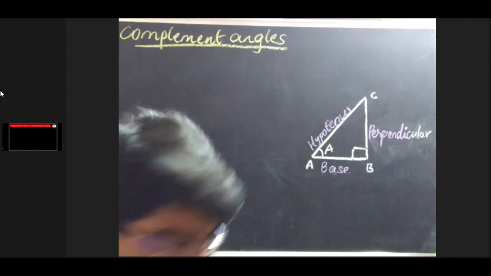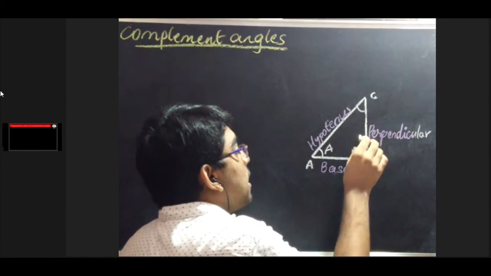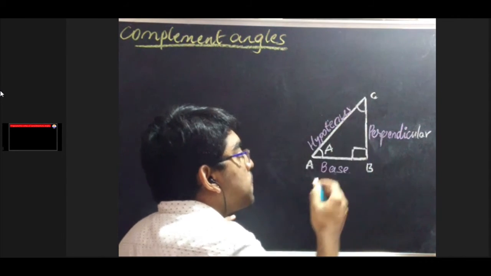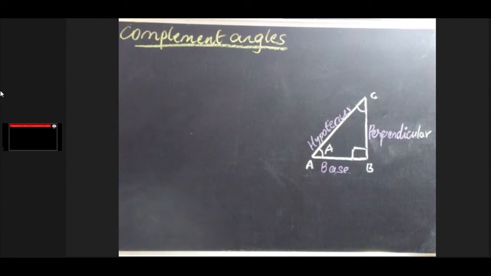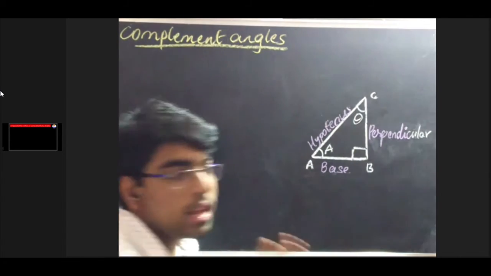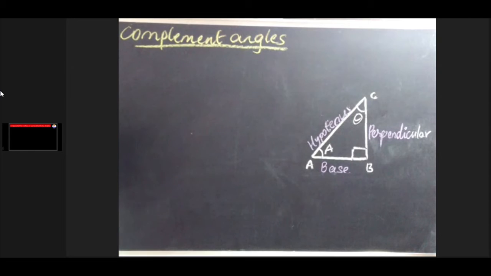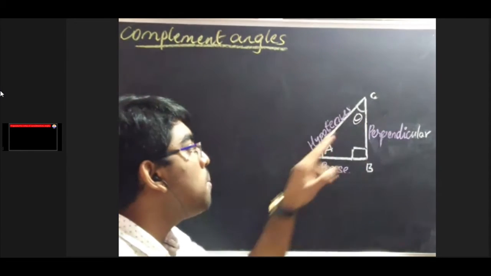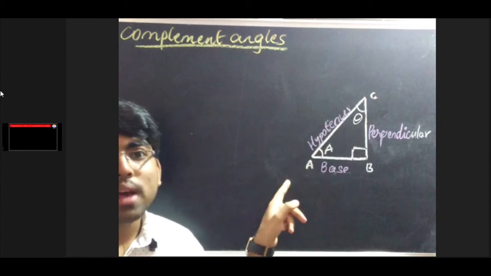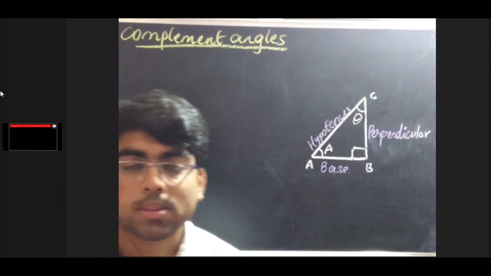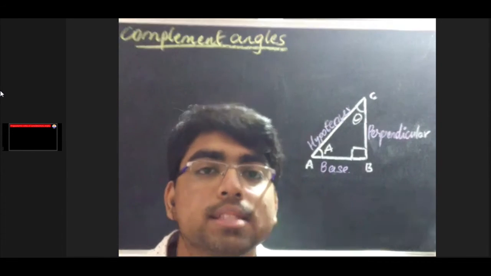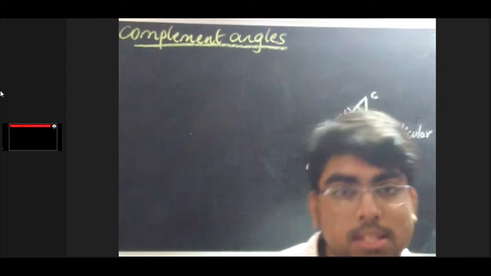I will consider this angle as theta. So this angle is called the complementary angle of this. That means the sum of these two angles is 90 degrees. If the sum of the two angles is 90 degrees, then the angles are said to be complementary angles.